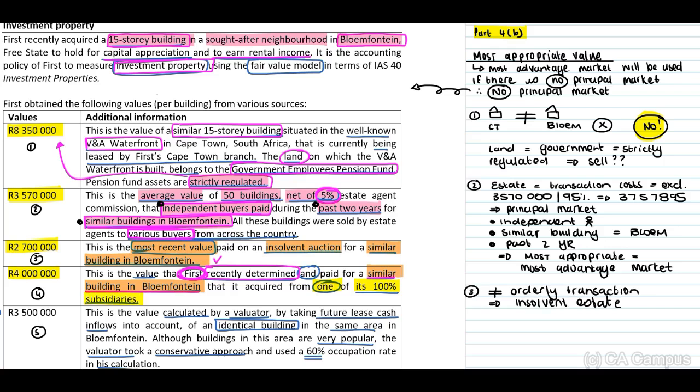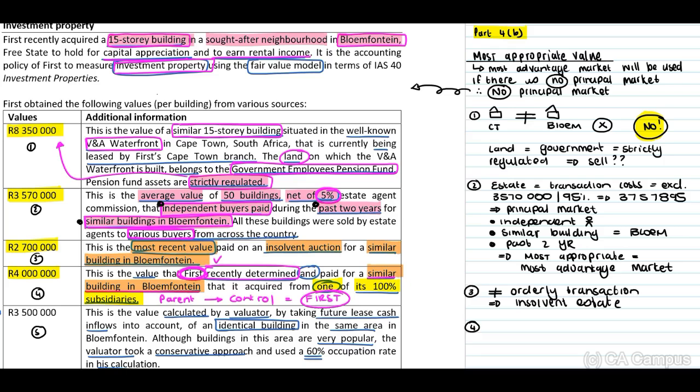Now, immediately, guys, First will be the parent, and First will have control over the subsidiary. Therefore, technically speaking, First decided on the purchase price. Therefore, again, this is not an orderly transaction because First decided on the purchase price.